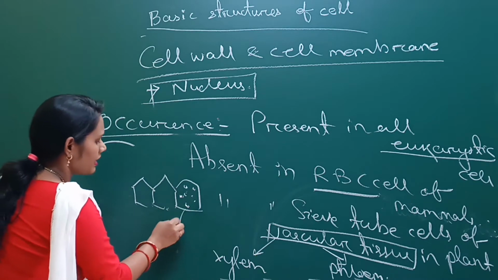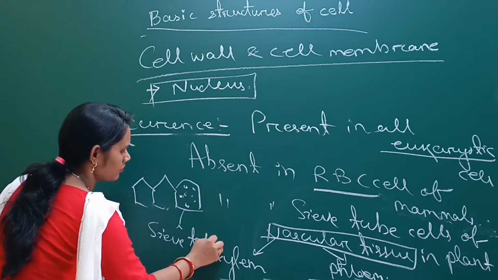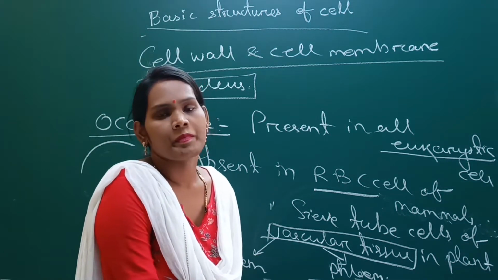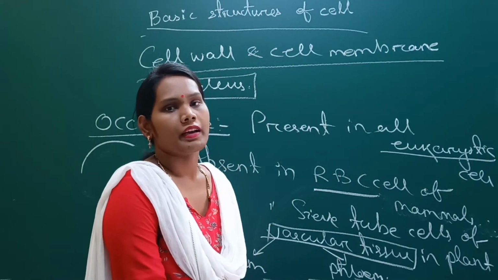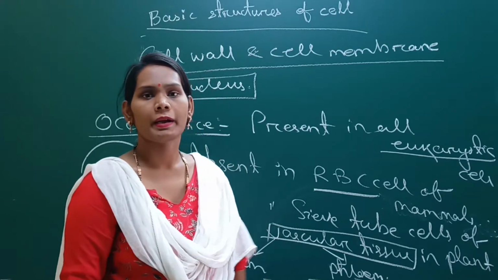These sieve tube cells have no nucleus. So the nucleus is present in all eukaryotic cells, and it is absent in mammalian RBCs and in the sieve tube cells of vascular tissue.